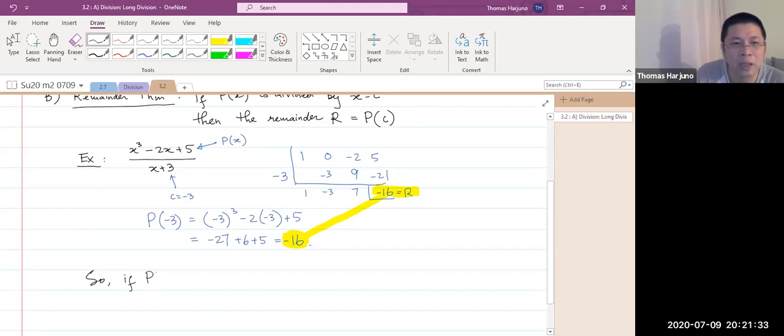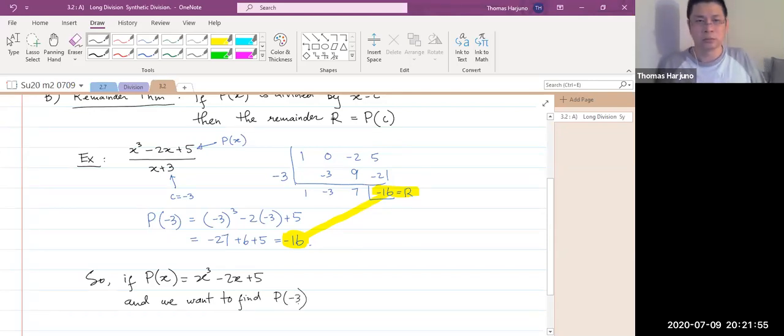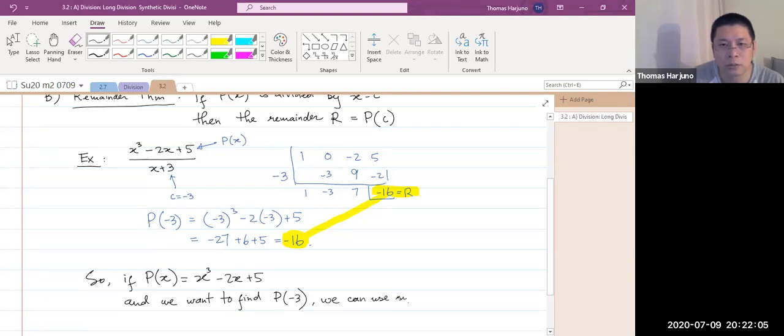If P(x) equals x cubed minus 2x plus 5, and we want to find P(negative 3), we can use synthetic division and find its remainder.